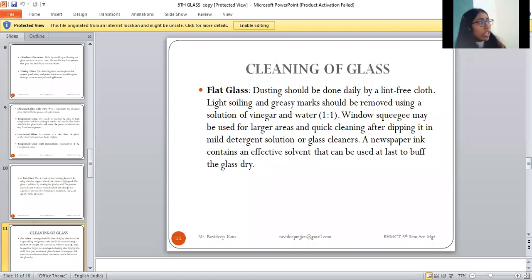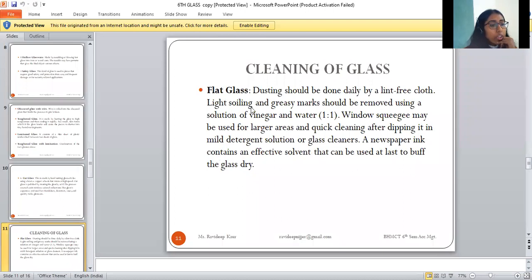Whenever you clean a window or any glass thing, you should use a lint-free cloth or fabric to dust it once daily.